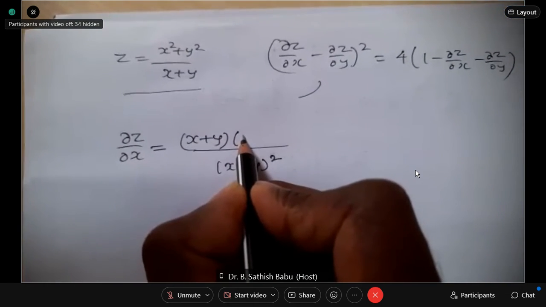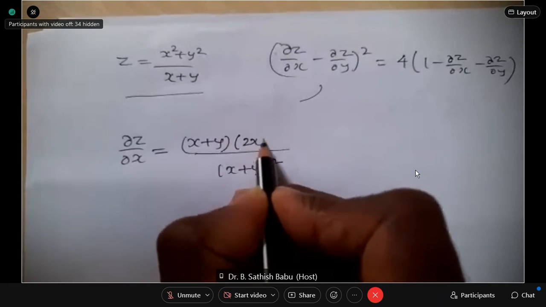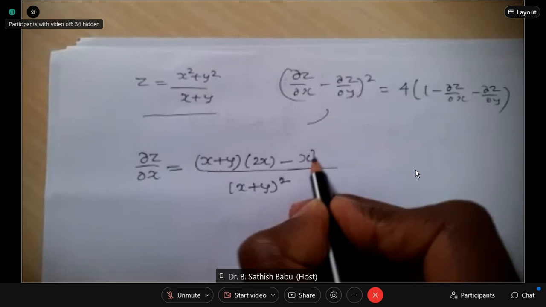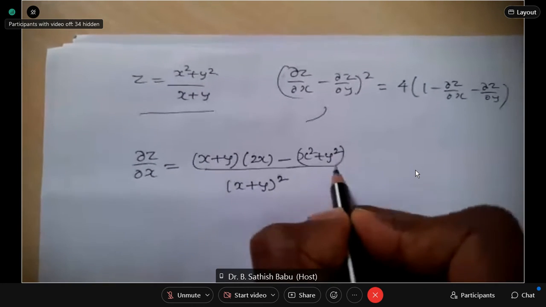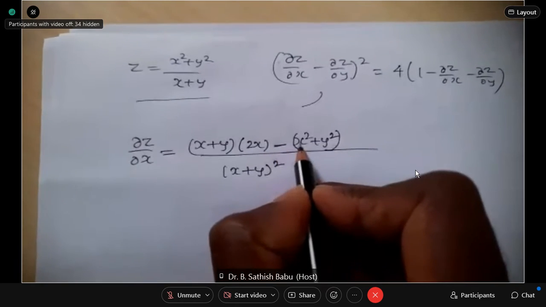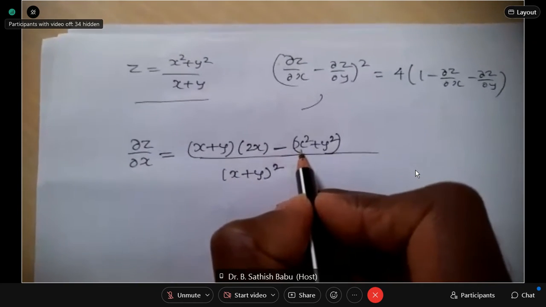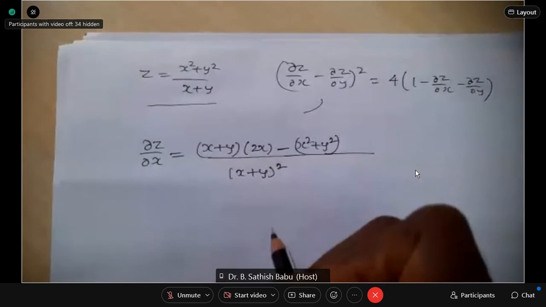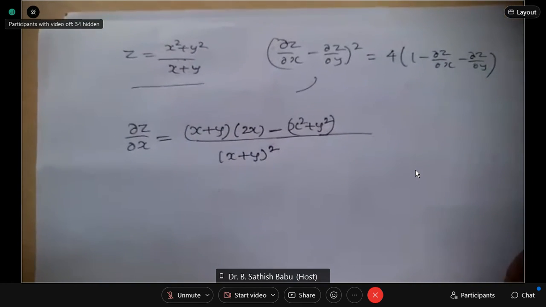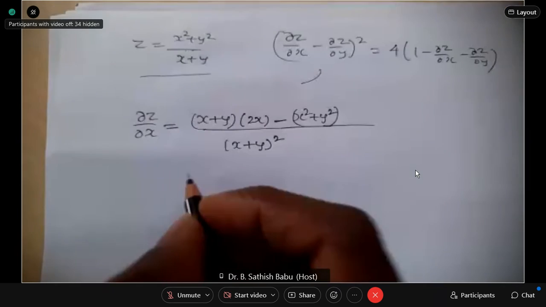Differentiation, 2x. Minus the denominator term kept as it is, and now please avoid these mistakes. Put a bracket for that, otherwise this negative sign you will distribute only for the first term. Then differentiate the denominator quantity x plus y with respect to x. It should become 1.